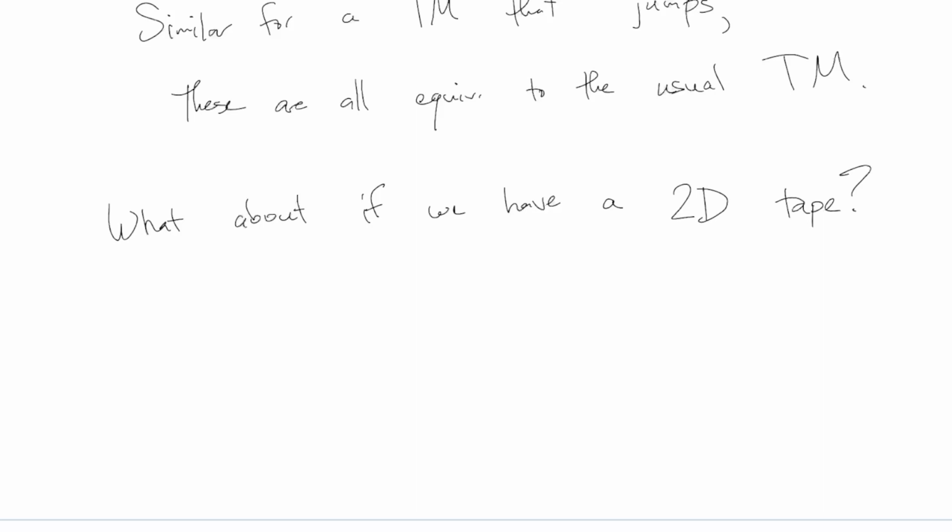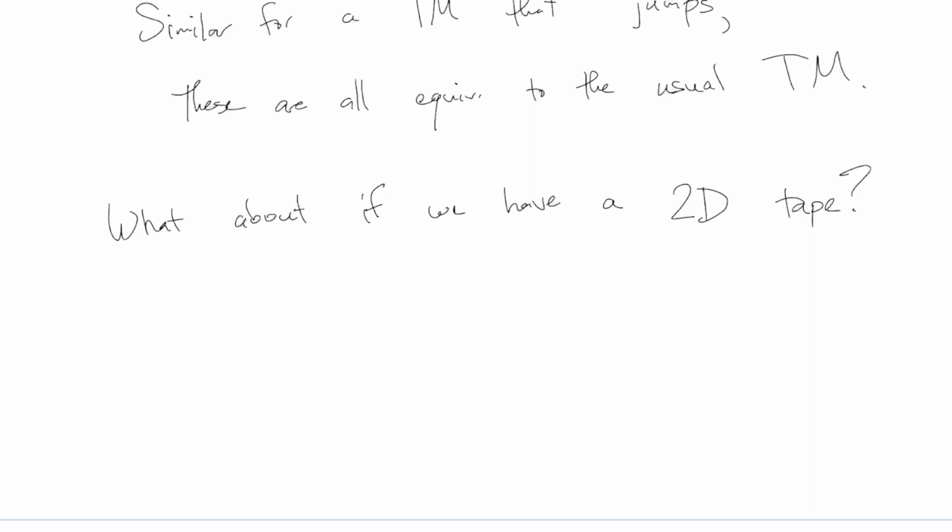How about that? So the tape, instead of being a long, skinny strip of paper, is an actual 2-dimensional grid of locations, and the Turing machine can move left, right, but it can also move up and down. Is that any different from an ordinary Turing machine with an ordinary 1-dimensional tape?